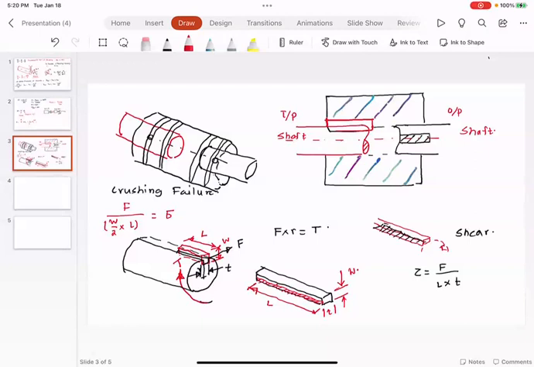Because please understand, now the loading situation is complex. You have torque. The torque is giving rise to deflection. That is actually deflecting the key. Then that actually is torquing the coupling. In addition to that, you have these sharp corners that would give rise to stress concentration.